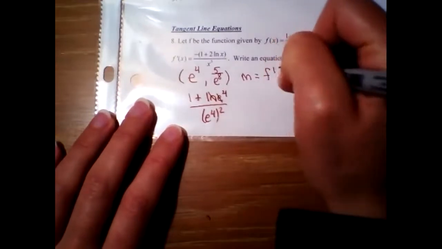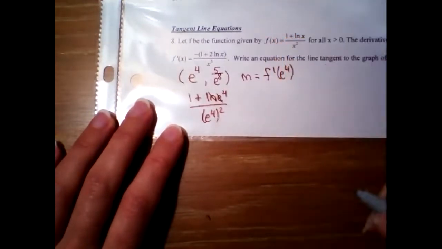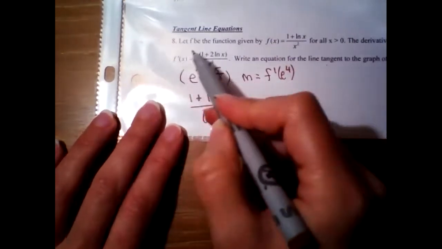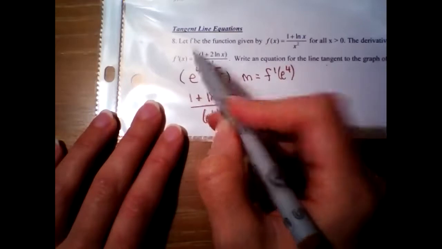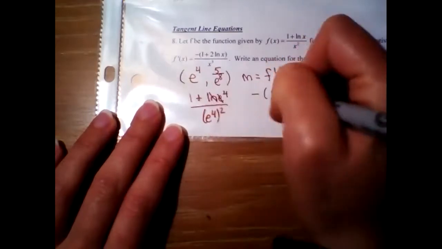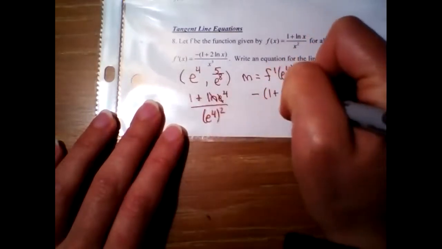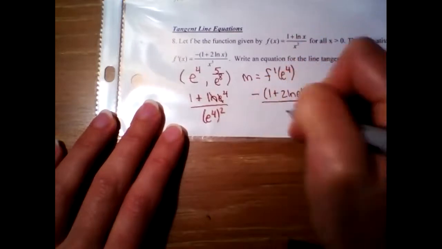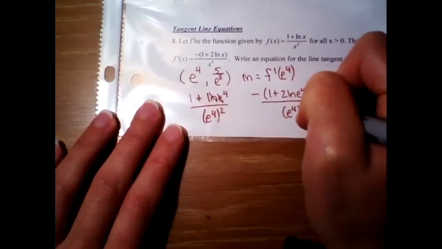So we want to plug e to the 4th into the derivative. So I'm going to plug e to the 4th into this gigantic mess. So that's going to be negative, parenthesis, 1 plus 2 ln e to the 4th over e to the 4th cubed.